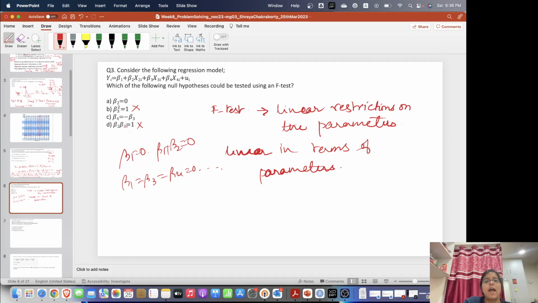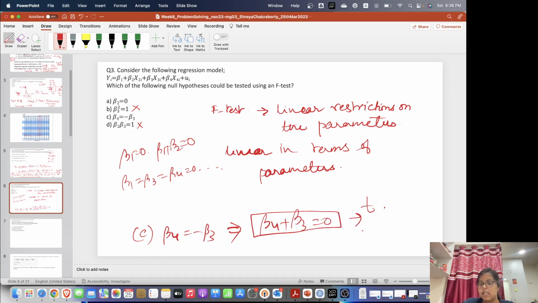Yes. And if we have option C, then beta 4 equal to minus beta 3 boils down to beta 4 plus beta 3 equal to 0. So these sort of things we have done using a t-test. Also beta 2 equal to 0 we have conducted using a t-test.